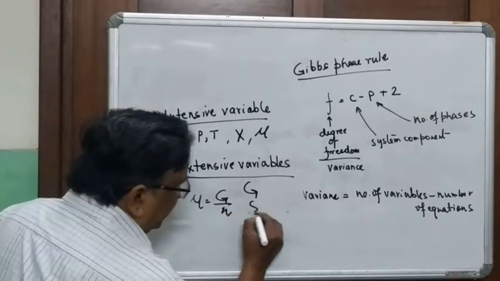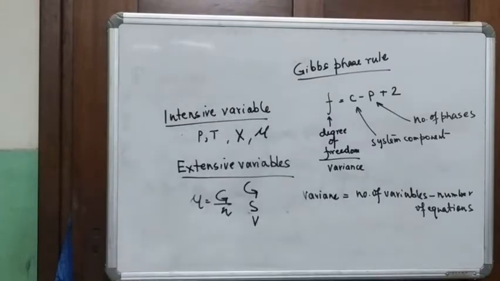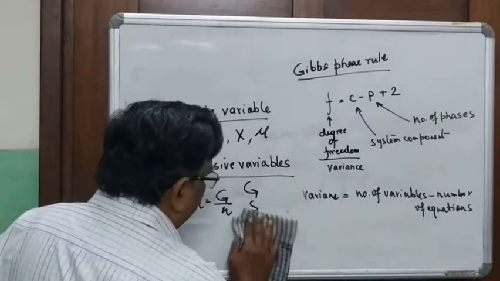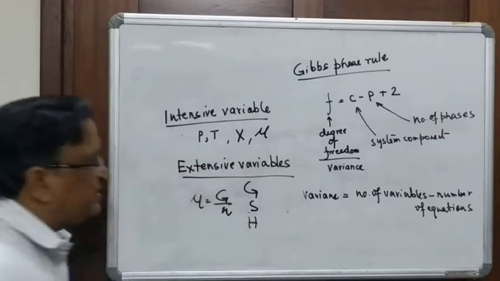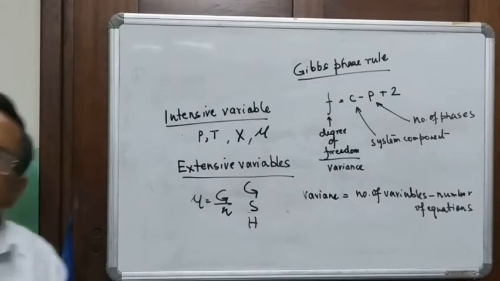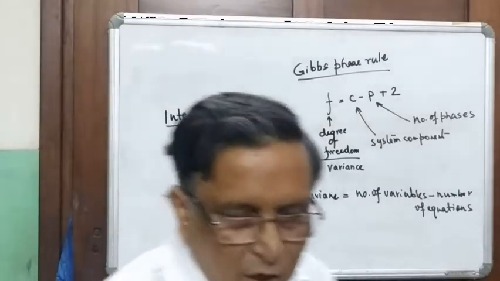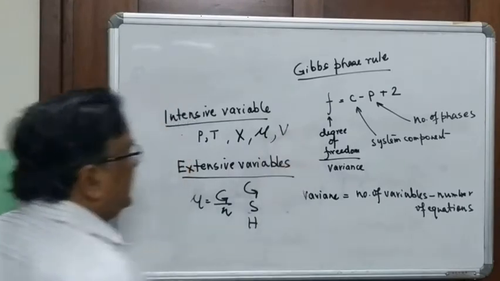So is entropy, so is free energy, enthalpy, say for example enthalpy. These are all dependent on mass, but these variables are not dependent on mass. Molar volume is not dependent on mass; it's an intensive variable.